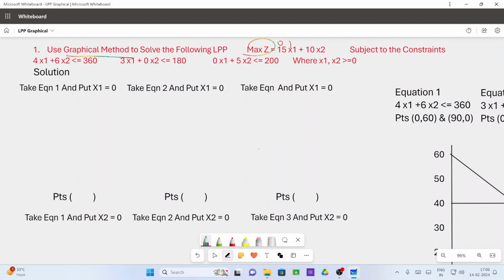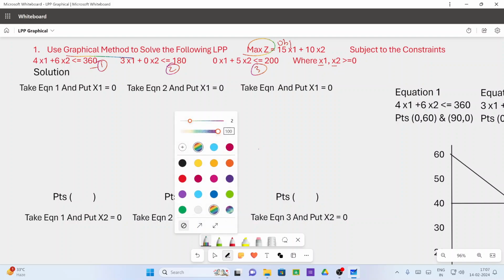This is your objective function, and we have three different constraints: the first constraint, the second constraint, and the third constraint. We have two variables, x1 and x2, which are greater than or equal to 0.